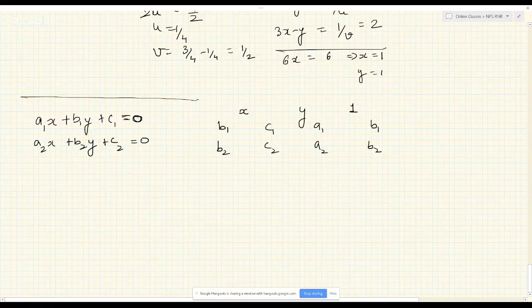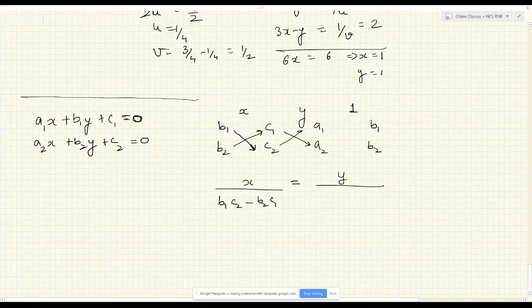So now next is you do this calculation. So this is x upon b1 c2 minus b2 c1 is equal to y upon c1 a2 minus c2 a1 is equal to 1 upon a1 b2 minus a2 b1.